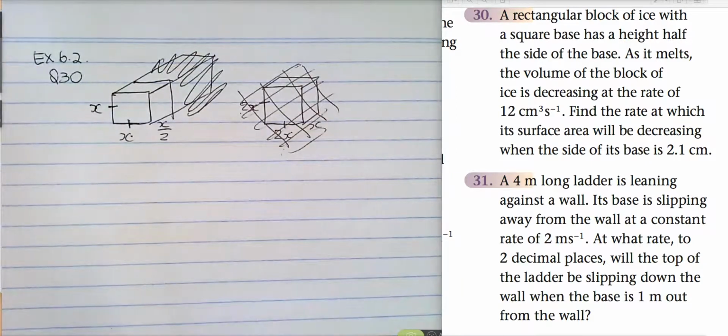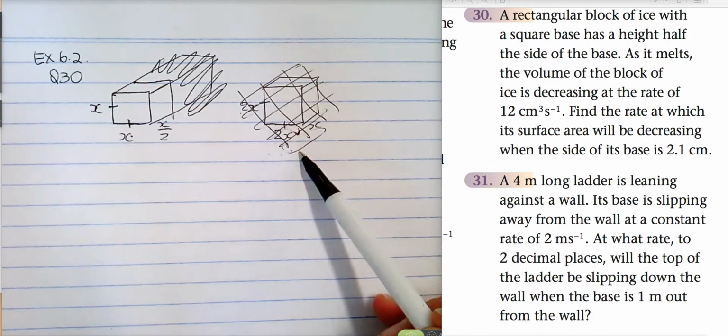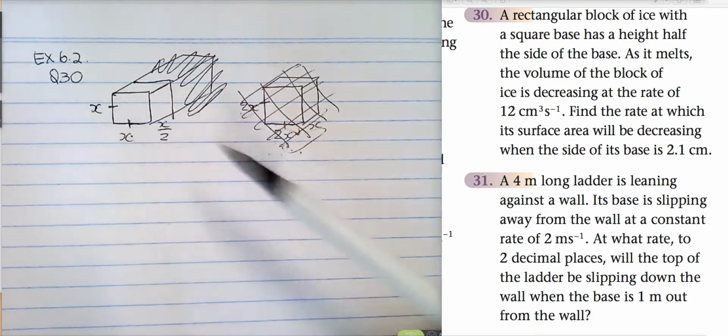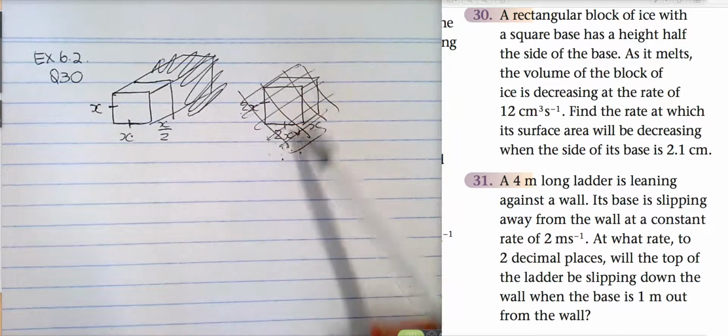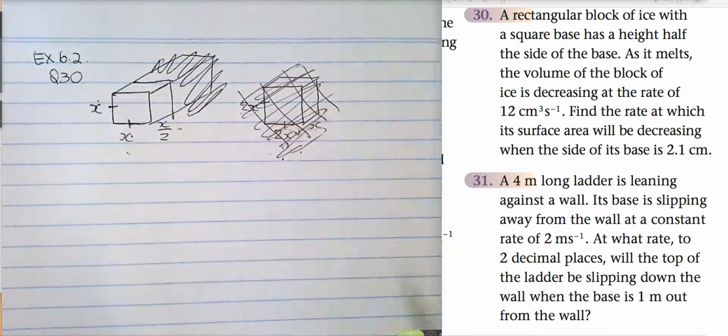Doesn't matter about x on 2. Because the side of the base is 2x, and I'm just really worried, how are you going to substitute 2x with 2.1? You'd have to put half of the 2.1 in. So I wouldn't be going there. I'd stick with this.